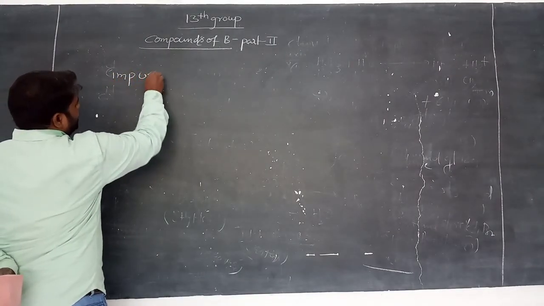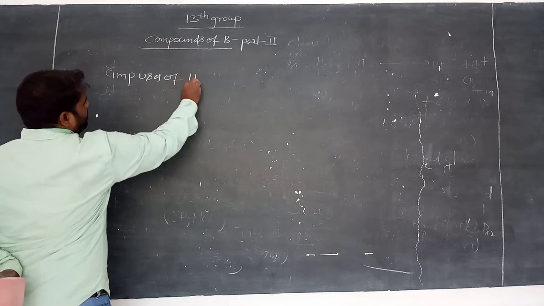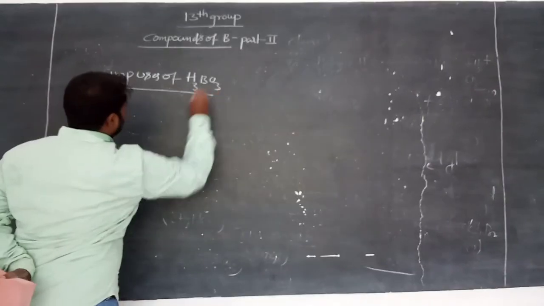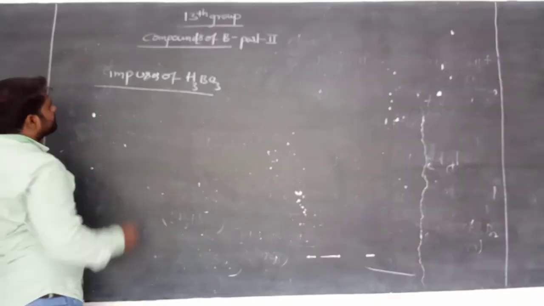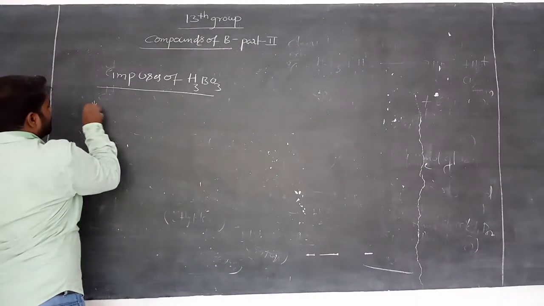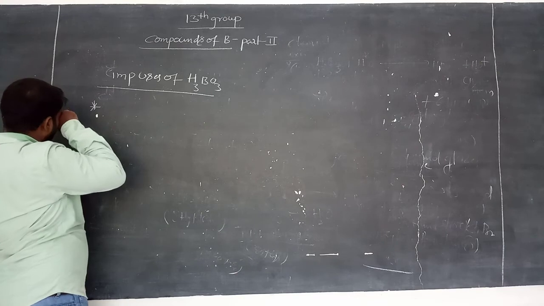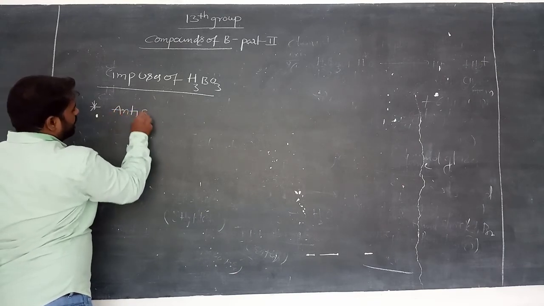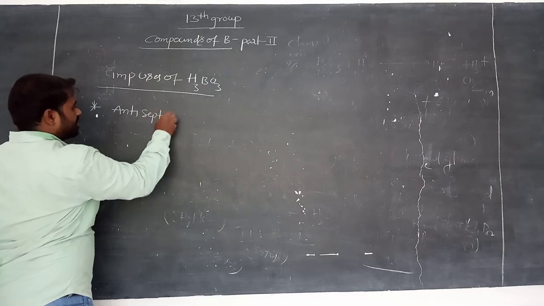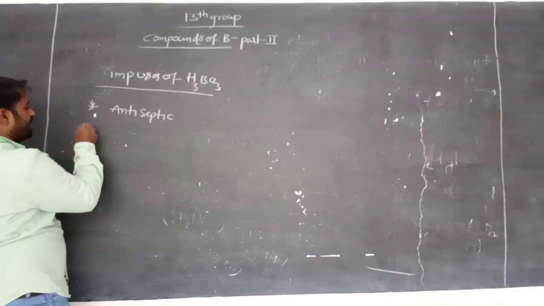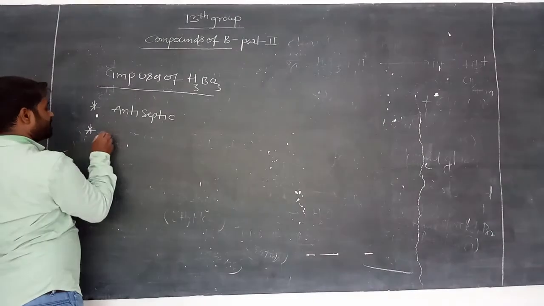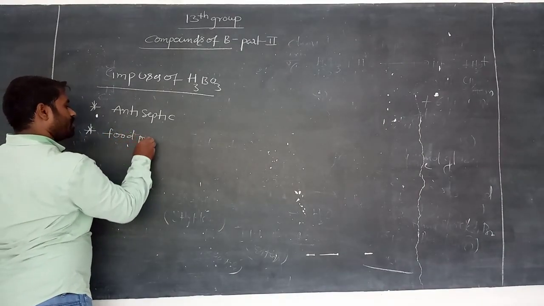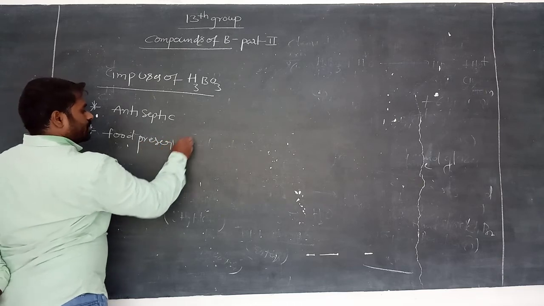And now, important uses of orthoboric acid. It is used for antiseptic purposes, and it is used as a preservative.